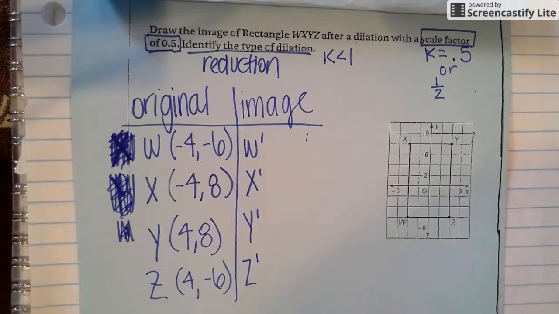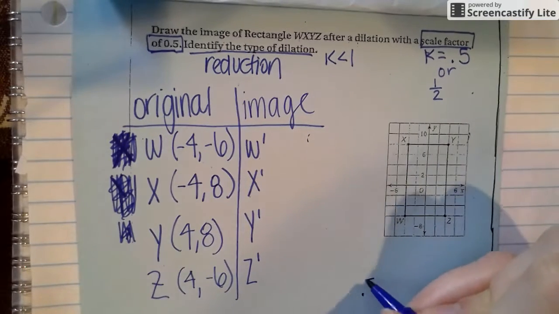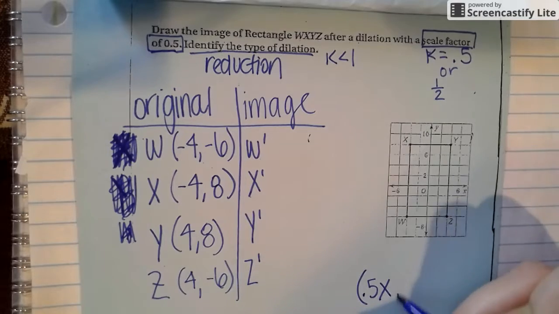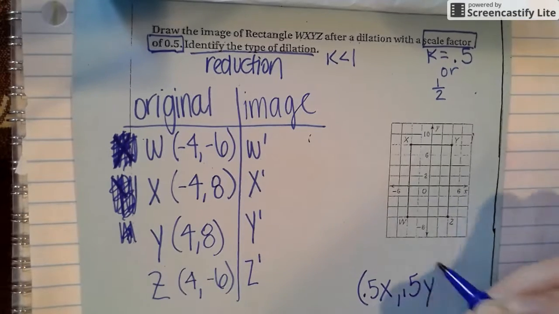Now with this one, my rule is technically going to be 0.5 times our X values and 0.5 times our Y values.